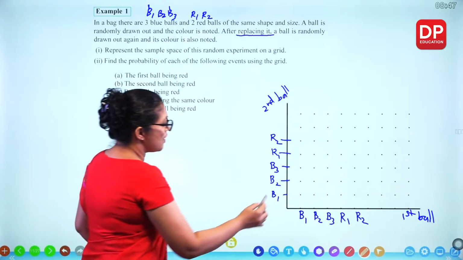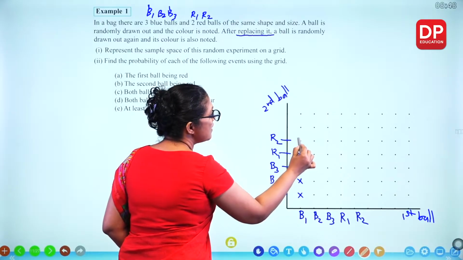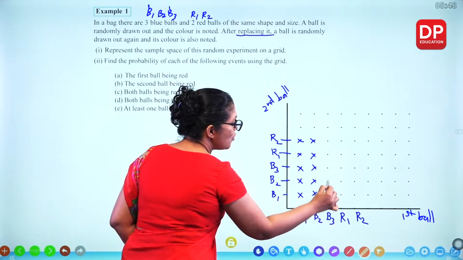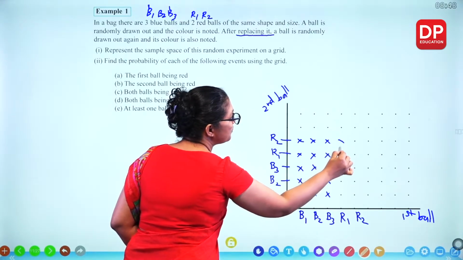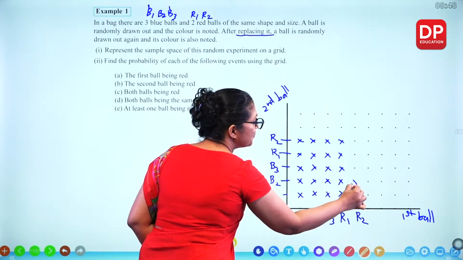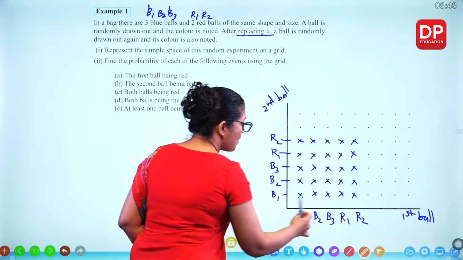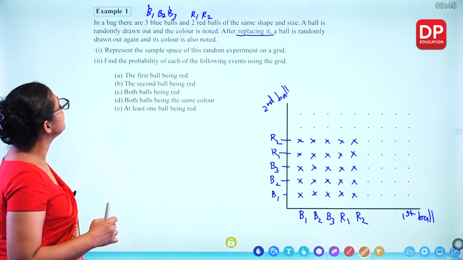So what are the outcomes? You can get B1, B1, B1, B2, B1, B3. These are all possible outcomes when you take 2 balls from the bag. So how many altogether? Count and see. This side 5, 5 times 5, 25 altogether.